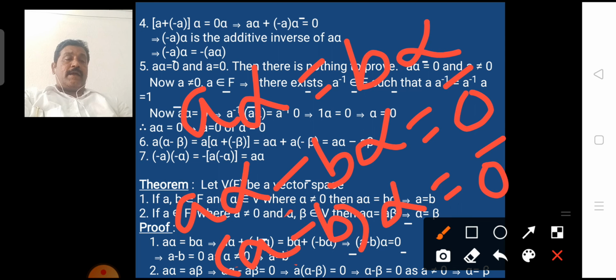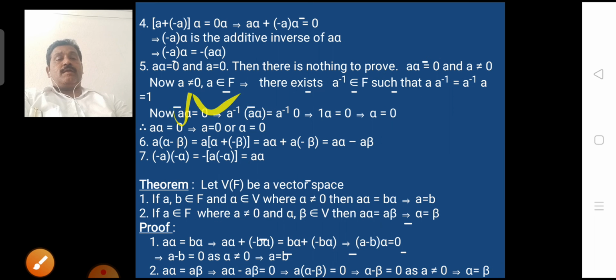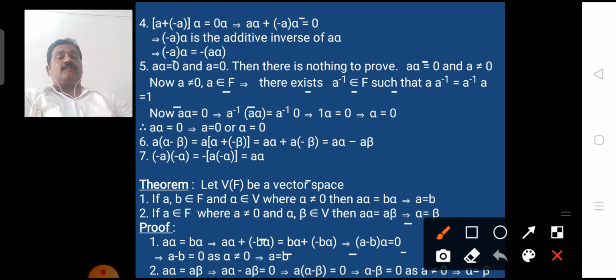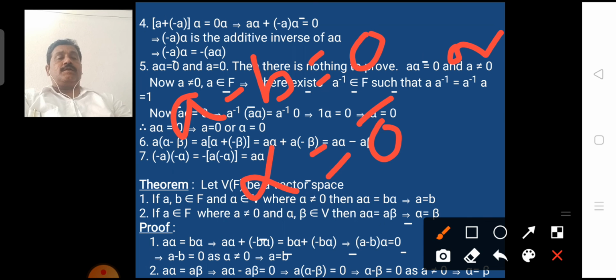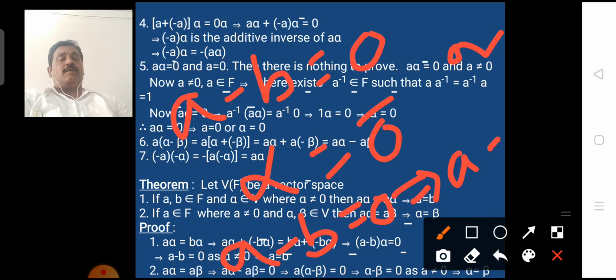Either A minus B equal to 0 or alpha equal to 0. Since by given data alpha not equal to 0, hence A minus B equal to 0, that is A equal to B.